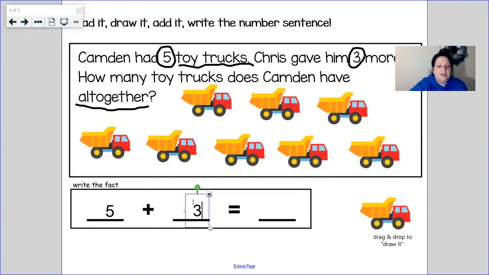Then we got 3 more trucks. And let's see what that is all together. So we started out with 1, 2, 3, 4, 5. And then 3 more make 6, 7, 8. So we'll put that 8 there, and then we'll read our fact and make sure it sounds right. 5 plus 3 equals 8.